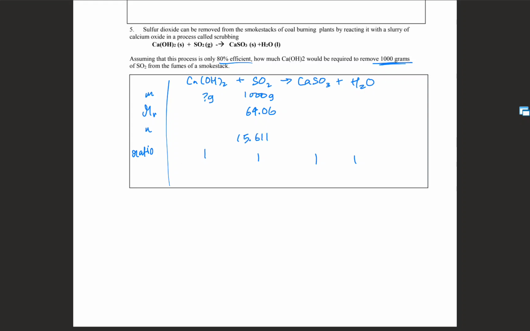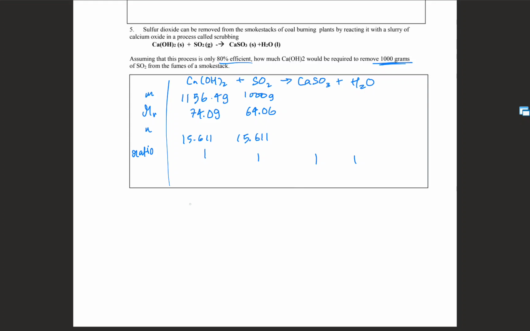Transfer it directly. Same moles. The molar mass of calcium oxide is 74.09. Multiplying these numbers together will give us 1,156.4 grams. That is the theoretical number.